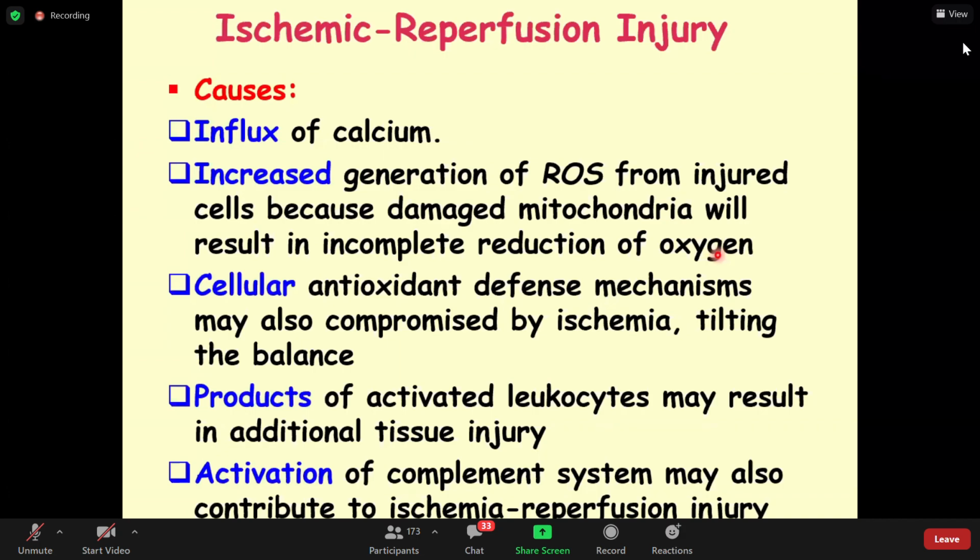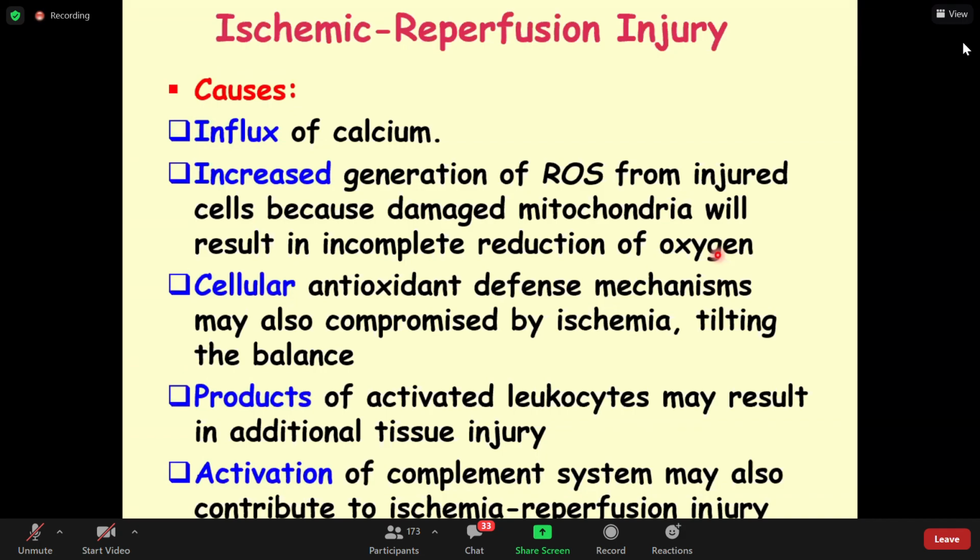So when there is an ischemic area in the heart, macrophages and neutrophils will be brought to that site. And then when the cells in that area die, one of the cells that will die will be the macrophages and the neutrophils that are loaded with free radicals, and that will also chip in and contribute to the ischemia-reperfusion injury.